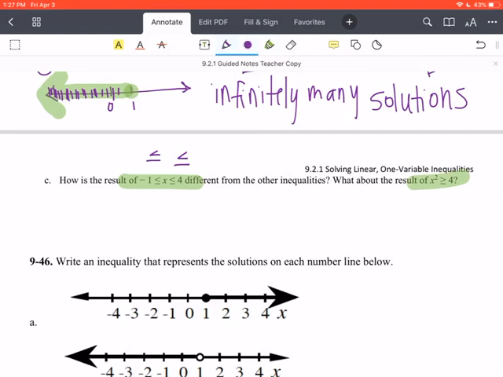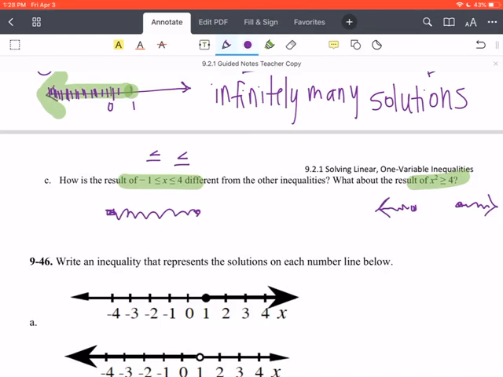If you recall, the first one had 2 points, and we looked at everything in the middle. And then the second one had 2 points, and what did we look at? Everything in the opposite directions.